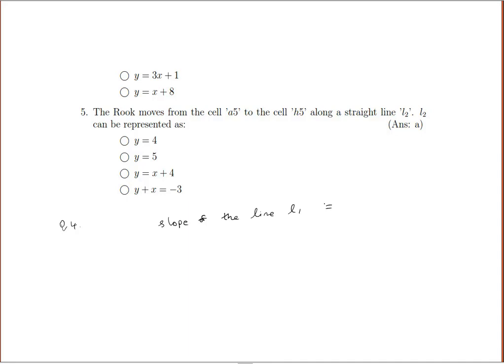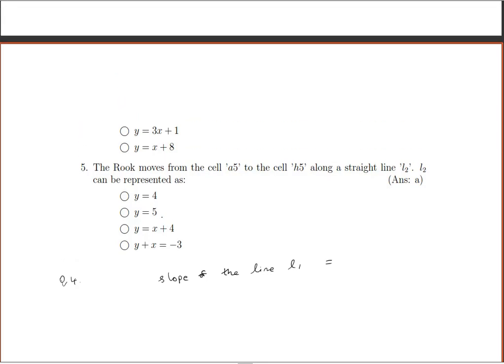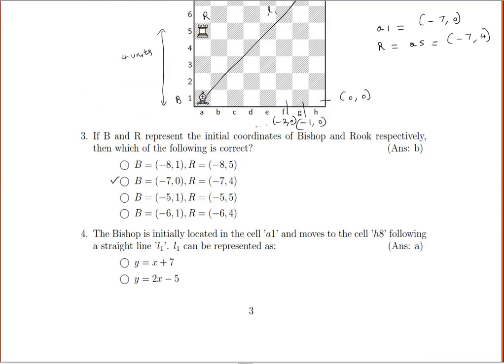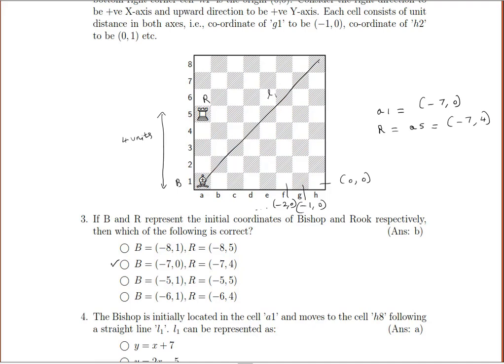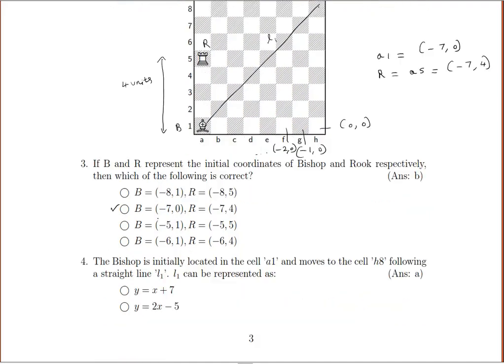Okay, we are trying to find that. We first know the coordinates of line L1 contains the points A1 and H8. So we know the coordinates of A1, which is nothing but minus 7, 0.